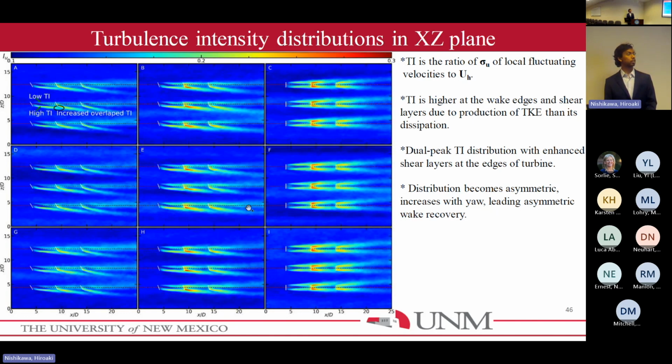This distribution of the turbulent intensity is axisymmetric for the non-yawed case and asymmetric for the yawed case, and this asymmetry increases with increasing yaw angles, which eventually leads to asymmetric wake recovery with increasing yaw angles.